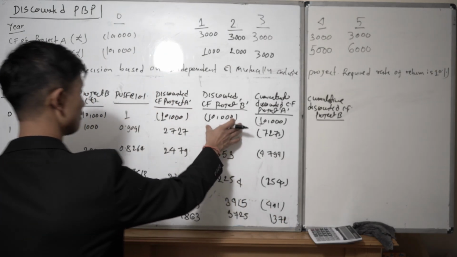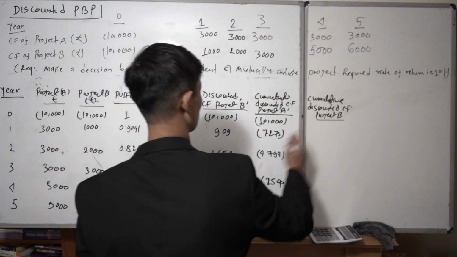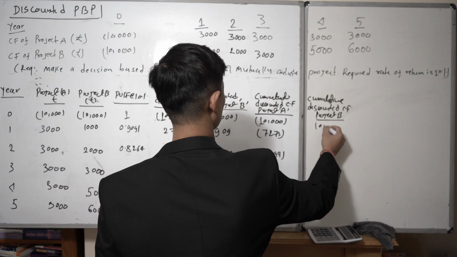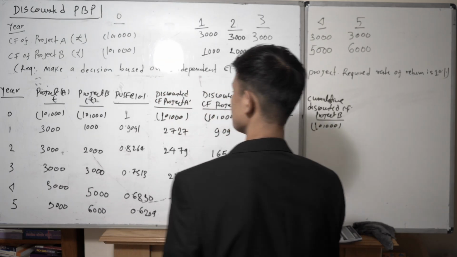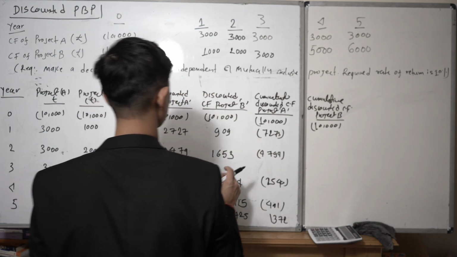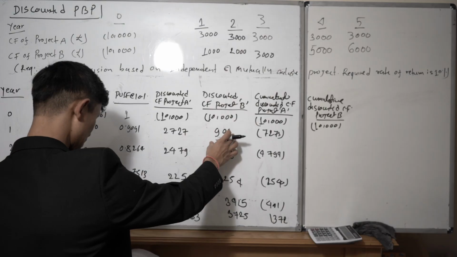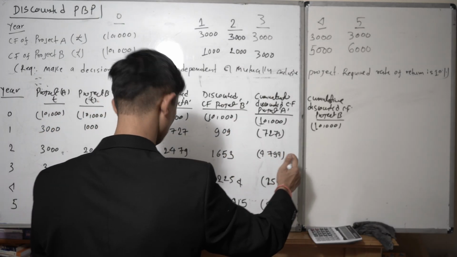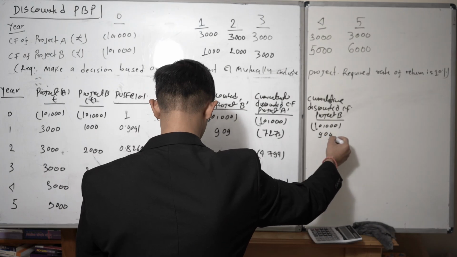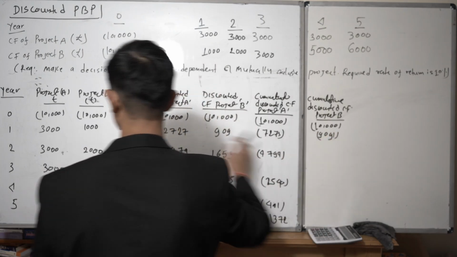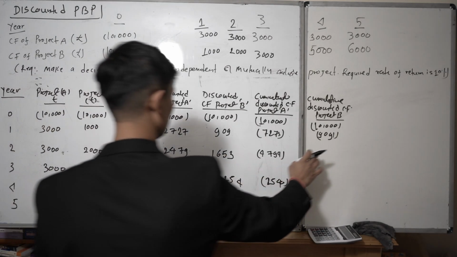Let's do the same for project B. For project B as well, the cumulative cash flow in year 0 is minus 10,000. The discounted cash flow in the first year is 909, so the cumulative would be minus 9091, and in year 2, the discounted value is 1653.